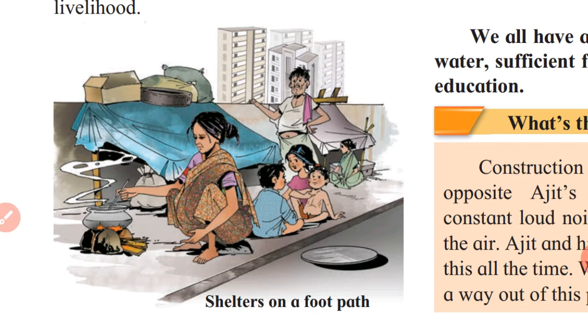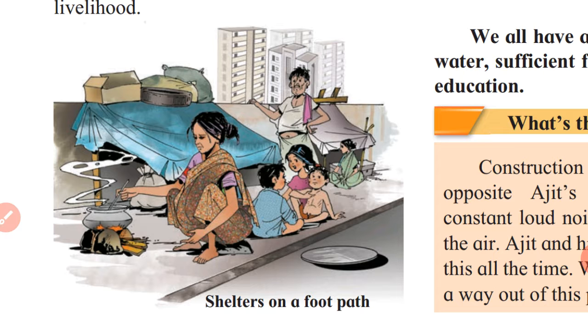When you take a walk on the road, you must have seen footpaths, under bridges, open ground, tumbledown buildings, railway or bus stands. Their financial condition is not good, so they live in these areas.